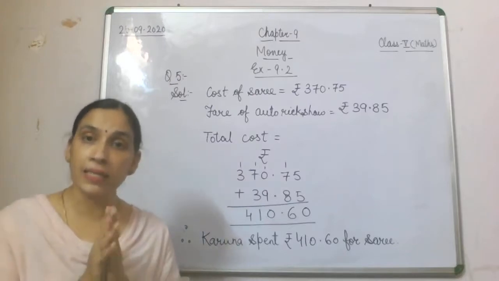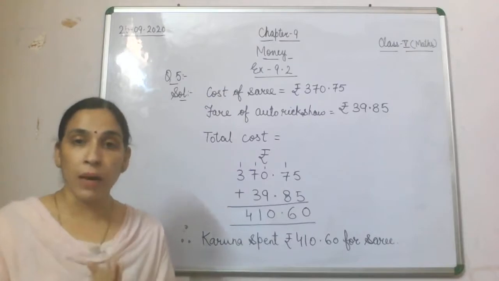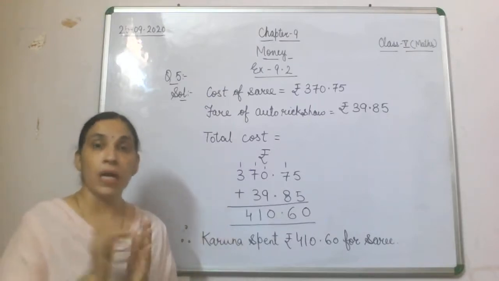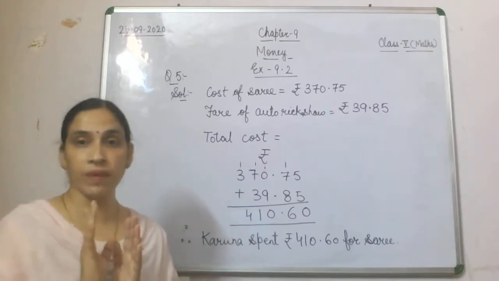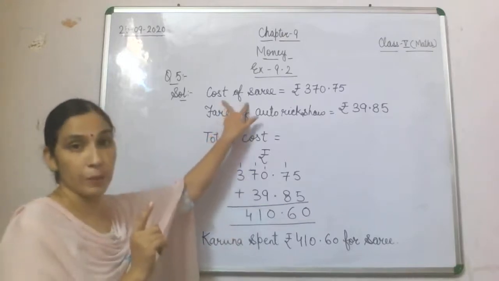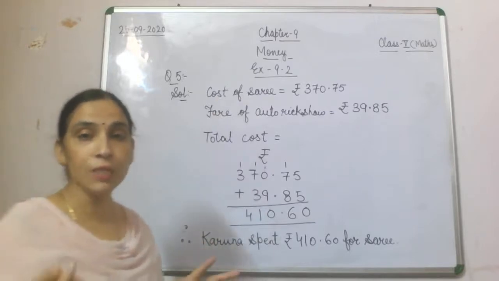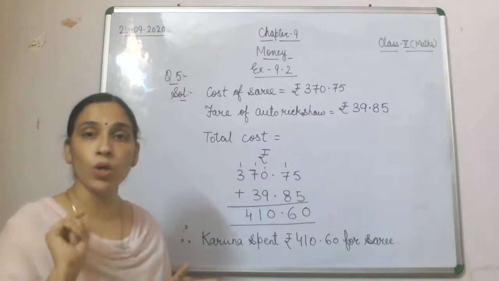And that exactly happened in this question, question number 5. What is given in the question? Karuna bought a sari for rupees 370 and 75 paisa. This is the cost of the sari which we have written. But the next line: and spent rupees 39 and 85 paisa on auto rickshaw.